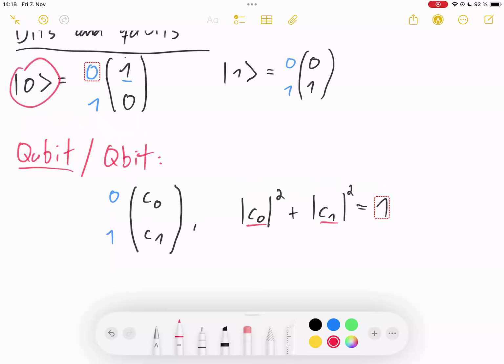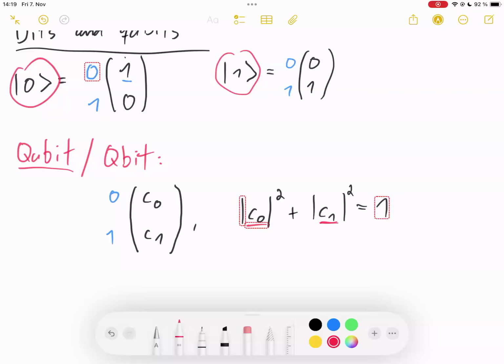And 0 ket is up here. While the C1 modulus squared would be the probability of finding our qubit in state 1 ket after measurement. But always after measurement, because then we have the collapsing.